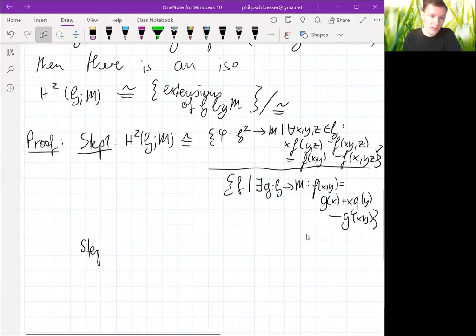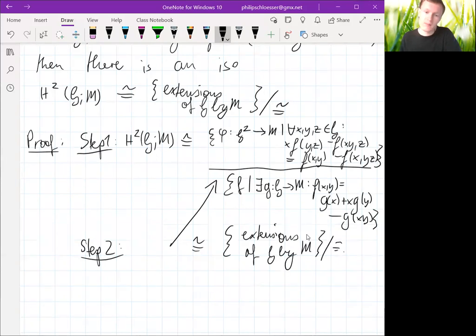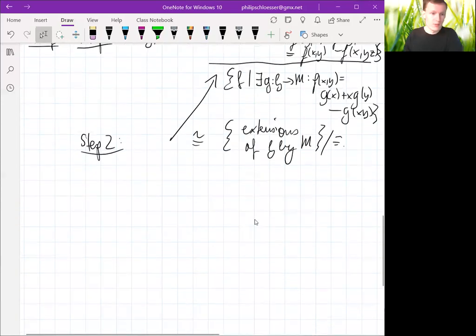And the second step will be to show that this monster over here is isomorphic to the extensions, or that this group over here classifies the extensions. And we're just going to construct the extensions. So, step one.